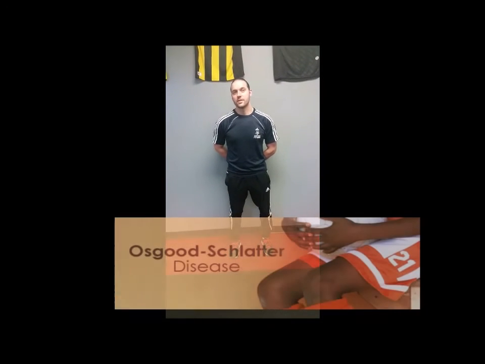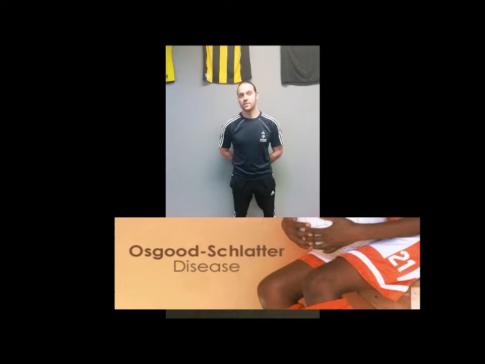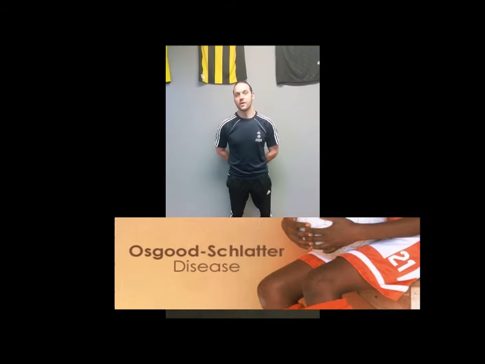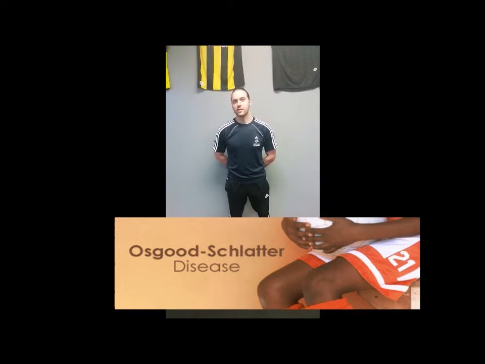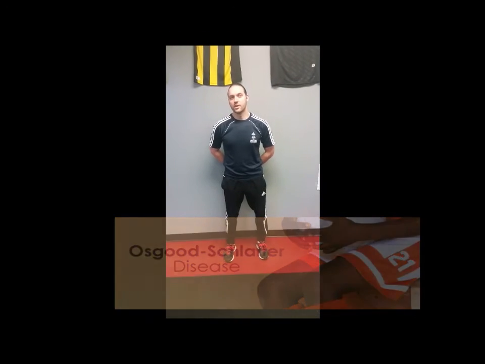So Osgood-Schlatter's disease specifically is a condition that affects youth athletes and youth soccer players while they're going through their growth spurt. And it's a more severe form of patellar tendinitis that flares up during the growth spurt. The reason for this flare-up is that during the growth spurt, the tibia or shin bone becomes a lot longer.